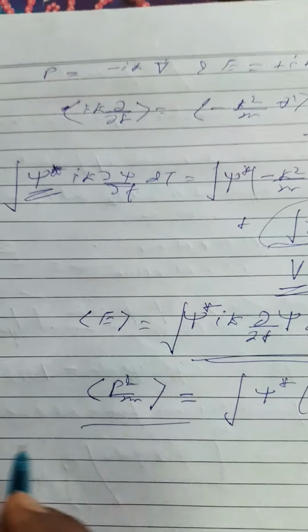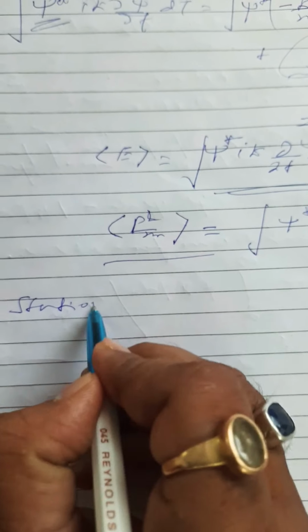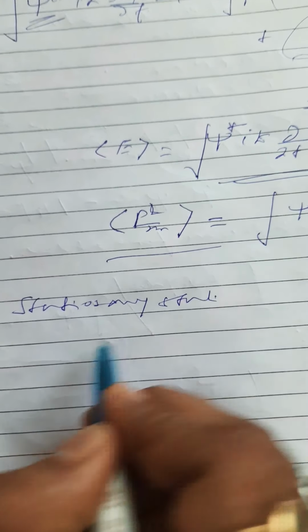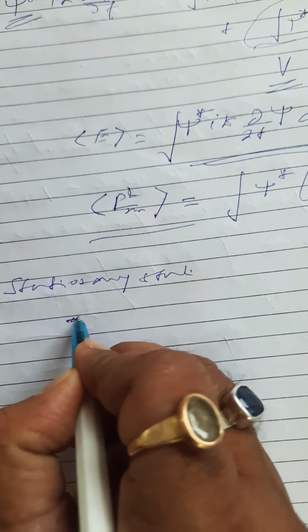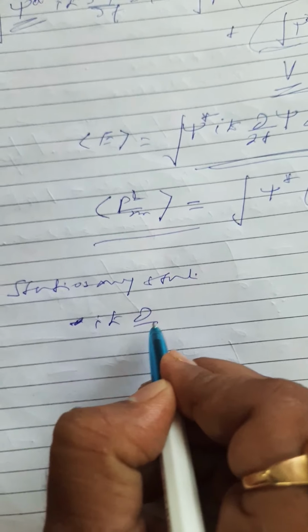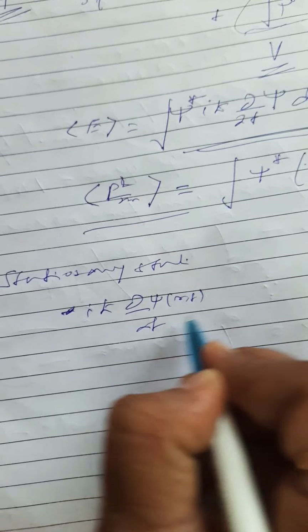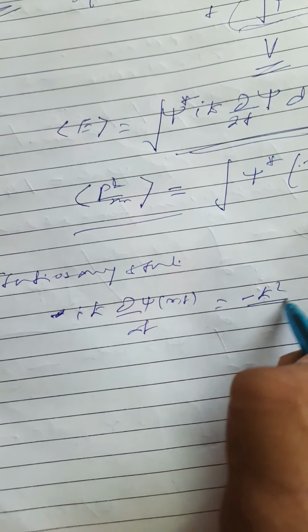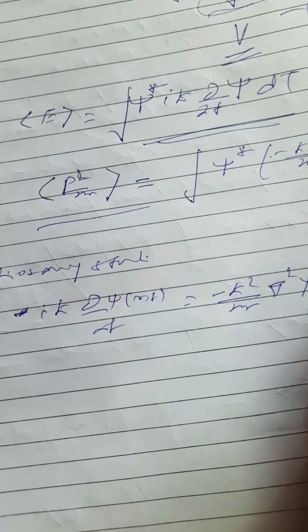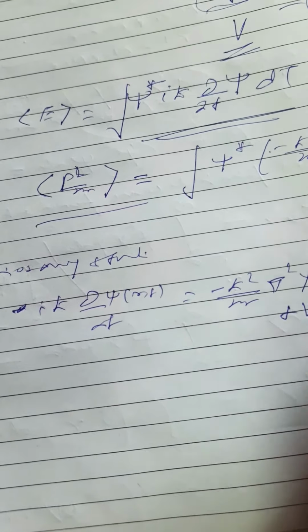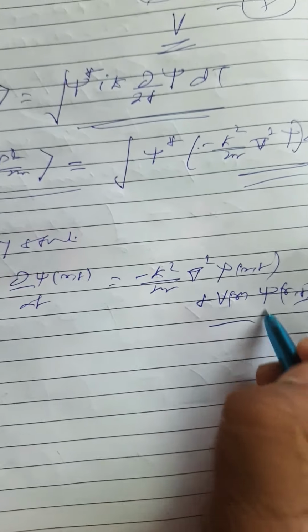So as far as the stationary state is concerned, we write the time dependent Schrodinger equation: i h cross del psi of r comma t by del t equal to minus h cross squared by 2m del squared psi of r comma t plus V of r times psi of r comma t. So this is equation number 1.